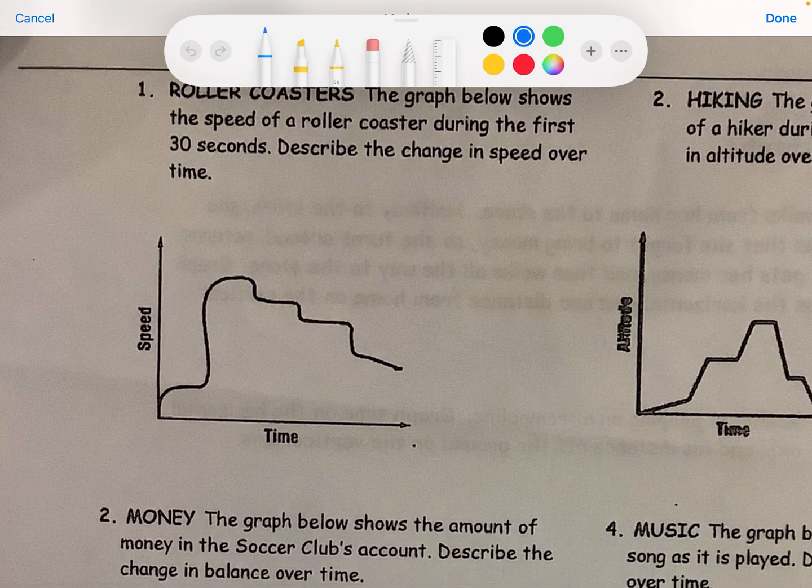Okay, so it slowly goes up, and then it comes to a stop. So it's probably going up a hill. Okay, so speed increases slowly, but comes to a stop.